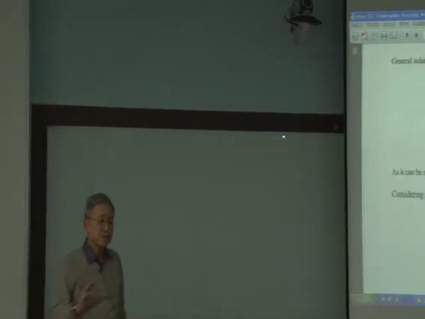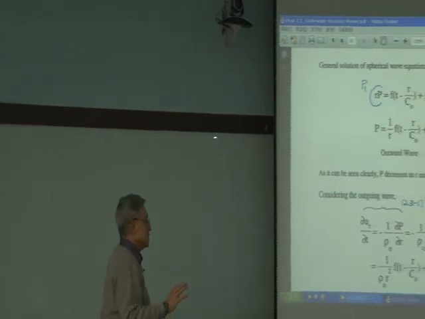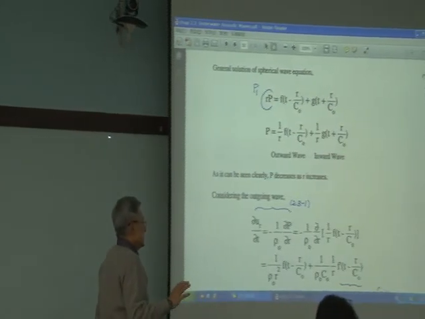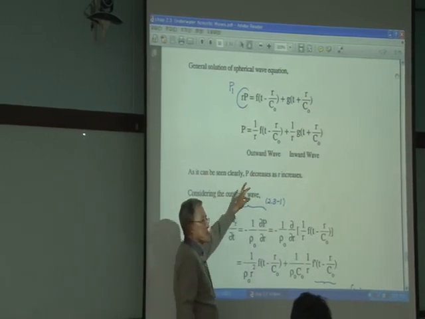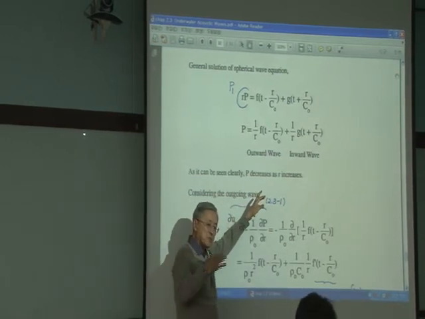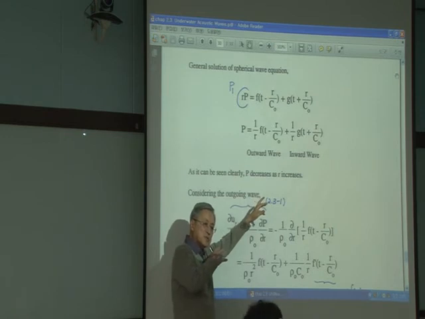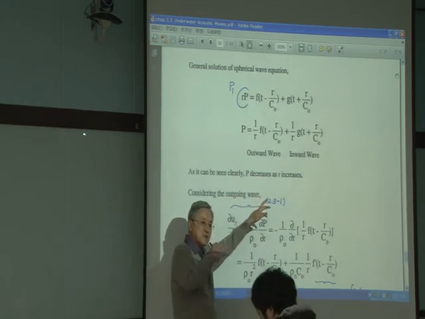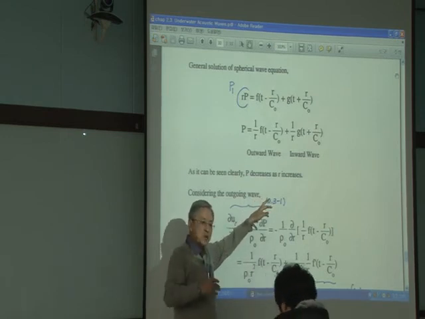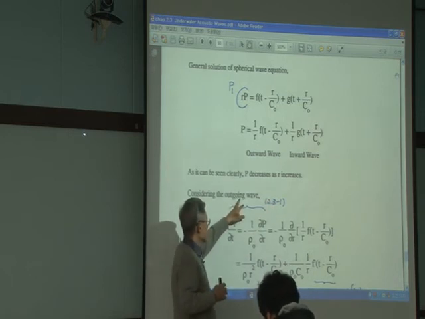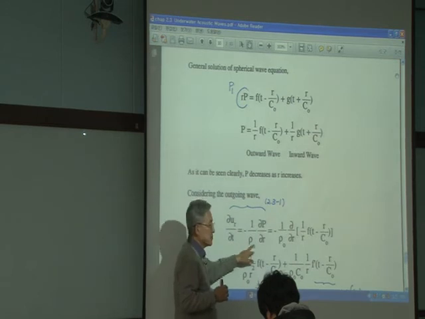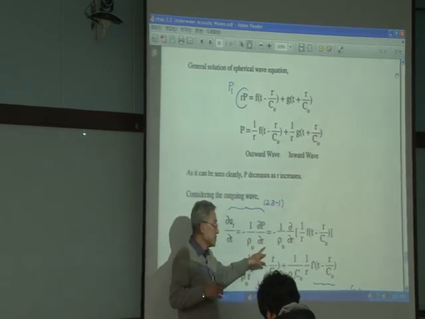So now considering the forward traveling wave, I'm going to pick out the first term, not the reflection part, which is another name for the incident shock wave. That's the outgoing wave. This is the same as 2.3-1.